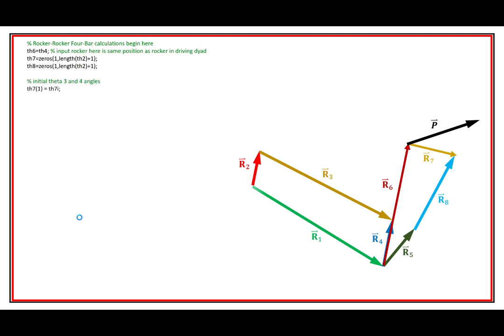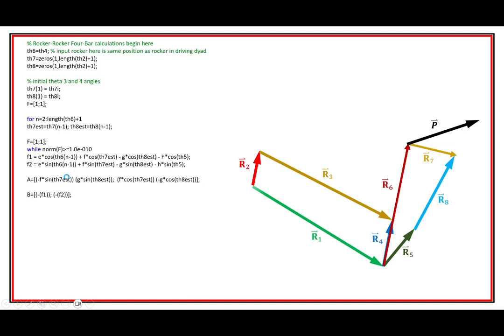So there you go. We have those angles, and then we set up, and I think I'm doing this redundantly. I don't think I need to write that thing twice. So I'm not sure why I did that. But I do set up the length of this for loop. And here's our criterion, and we figure out what all the angles are going to be for each of these time steps. And we just go through it again and again.